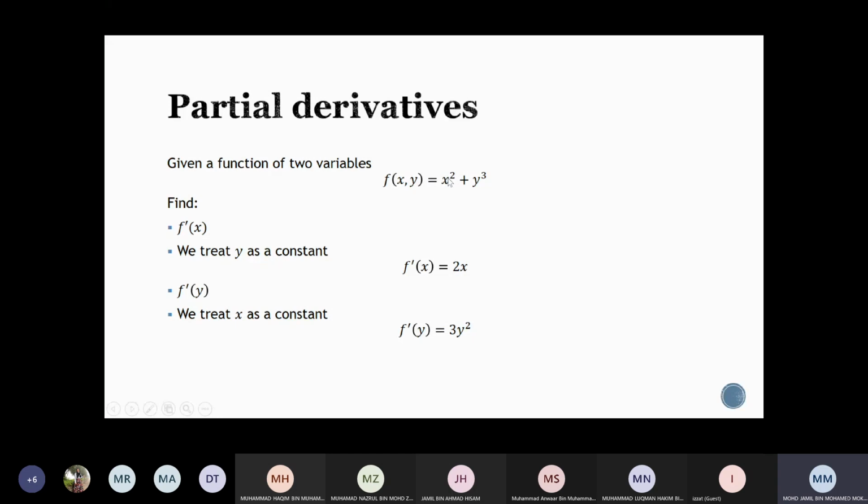So differentiating the constant, you get 0, plus, this has a y here, so you get 3y squared. Okay, so look at what kind of differentiation you want. F prime of what? Then treat the other variables as constants.